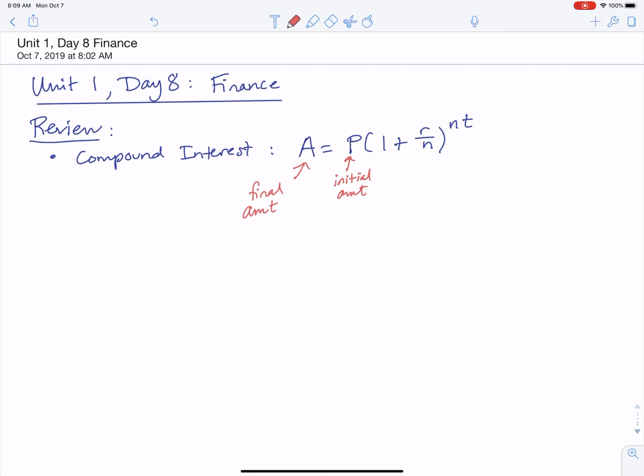And then you have a 1, and then you have R, which represents your interest rate that you are going to want to write as a decimal. The N represents the number of times you are compounding your interest.